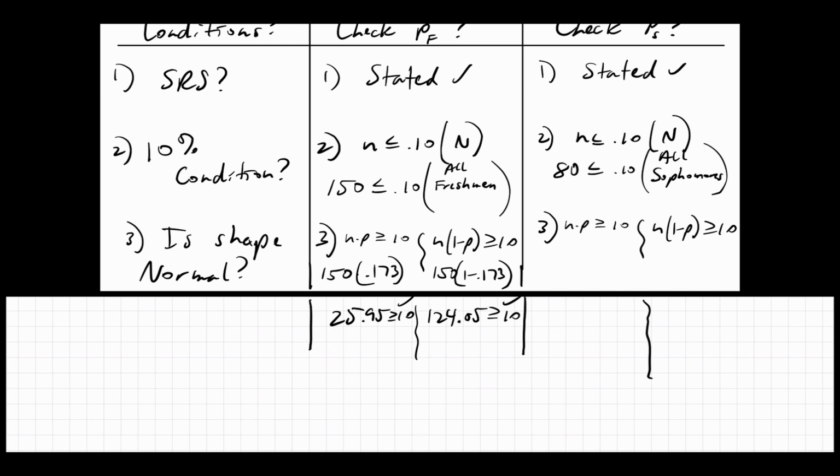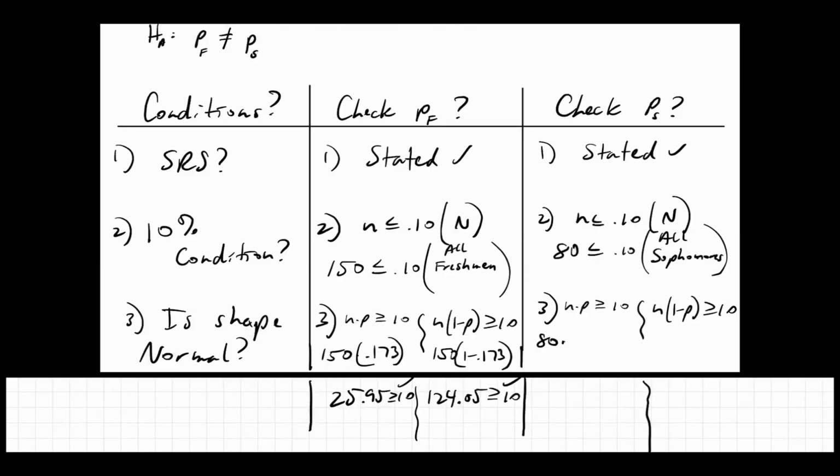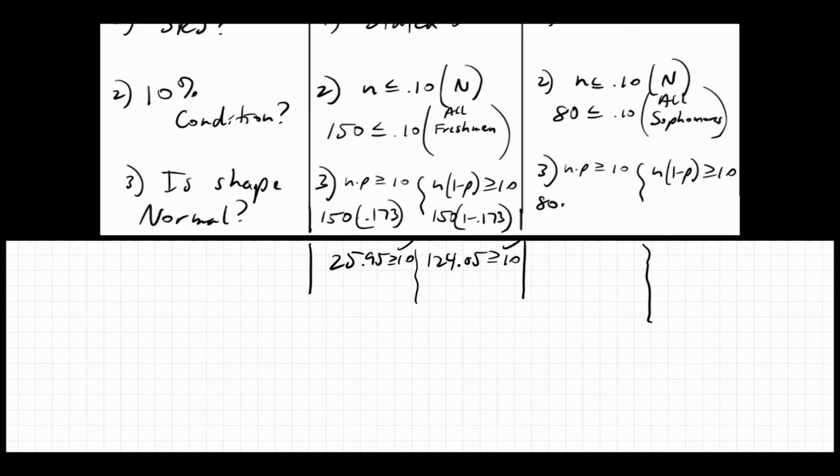This sample is smaller, so I think it was 80. 80 times 0.2375, and 80 times 1 minus 0.2375.